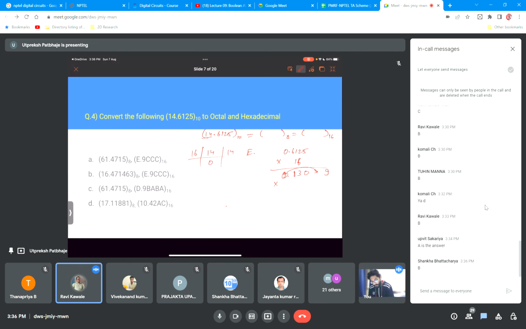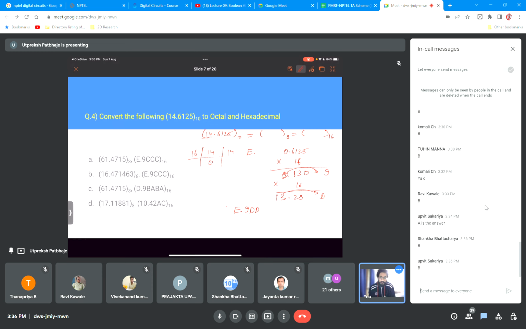So this will be something 13.28. So 13, if you convert it to hex, okay, I think there is some mistake in the options. So that is actually E.9. Actually, it will come out to ED. Did someone calculate the hexadecimal part? If you are getting something, try to punch it down.